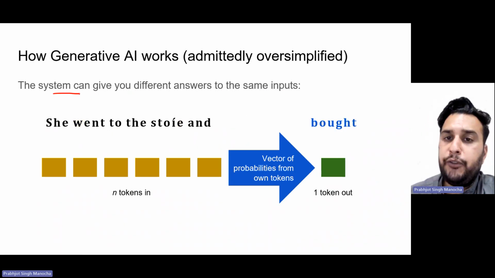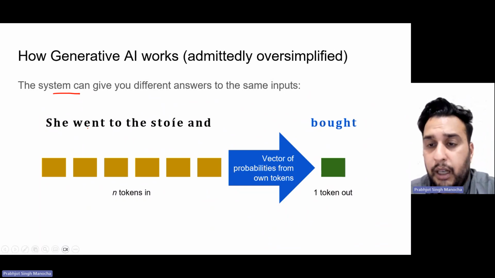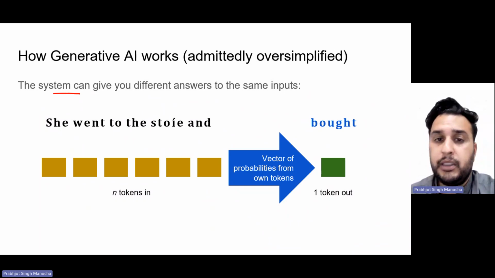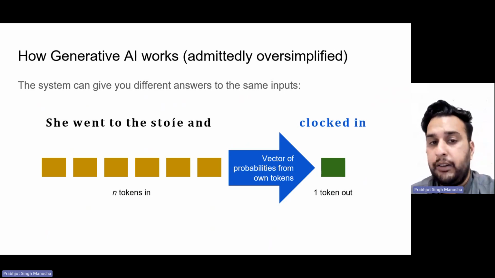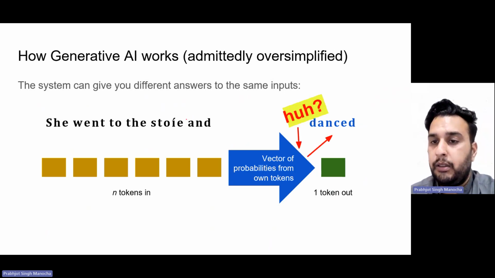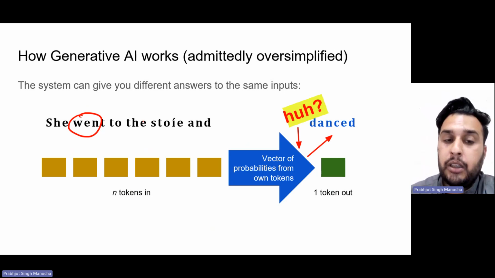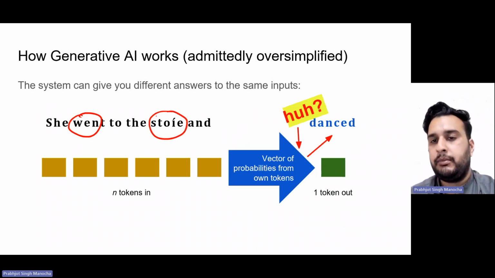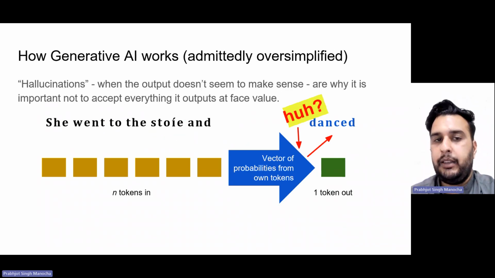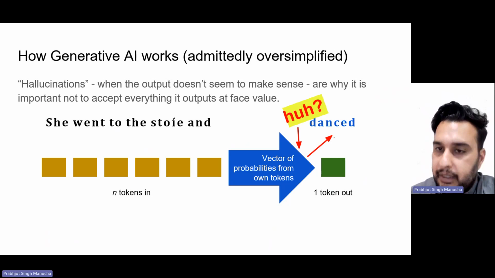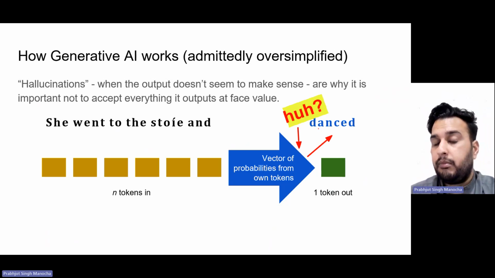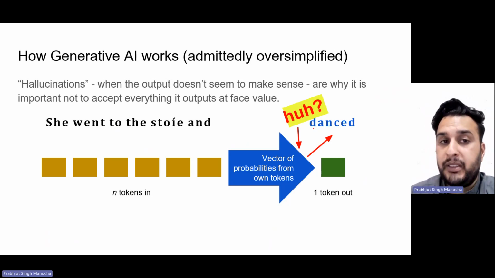So the system can give you different answers. That's what I was giving you as an example. She went to the store and danced. She went to the store and bought. She went to the store and clocked in. It can be any possibility. So the system keeps analyzing the data again and again, focusing on the important parts. And this is some input with output that has been generated.